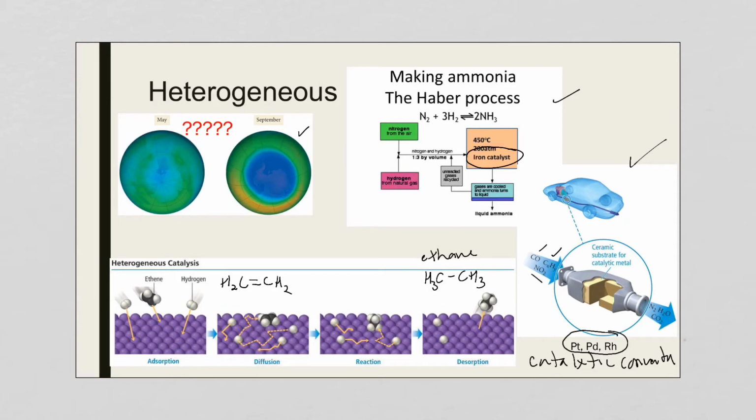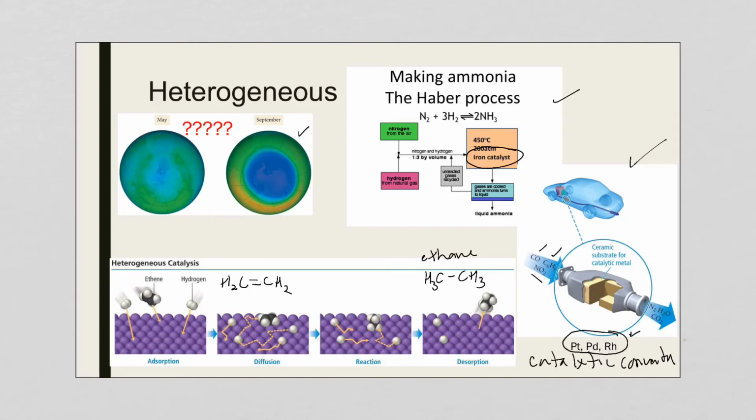This is one of the reasons why catalytic converters are not cheap, right? We use some of these quite expensive metals, but on the other hand, we use relatively small amounts of them, and they last for a long, long time, and they're very efficient, right?